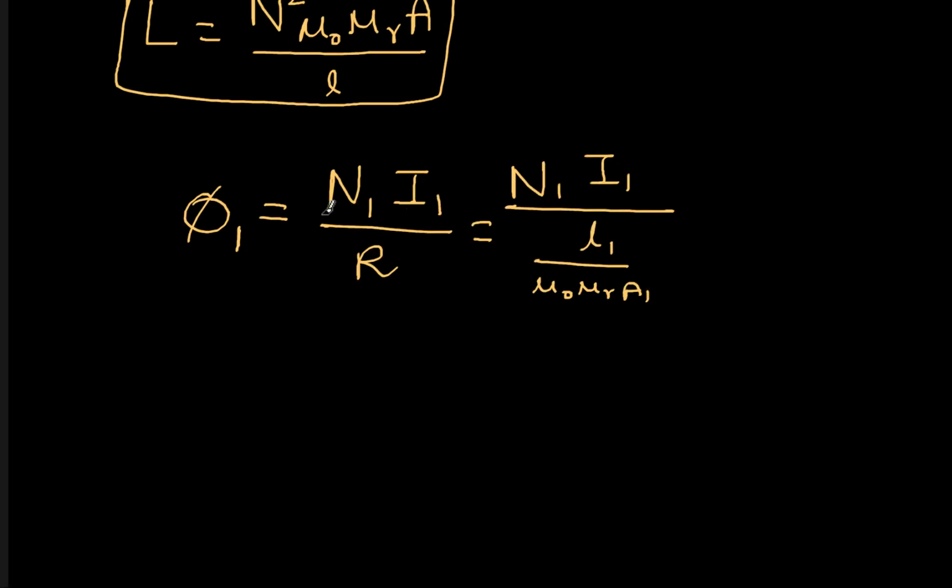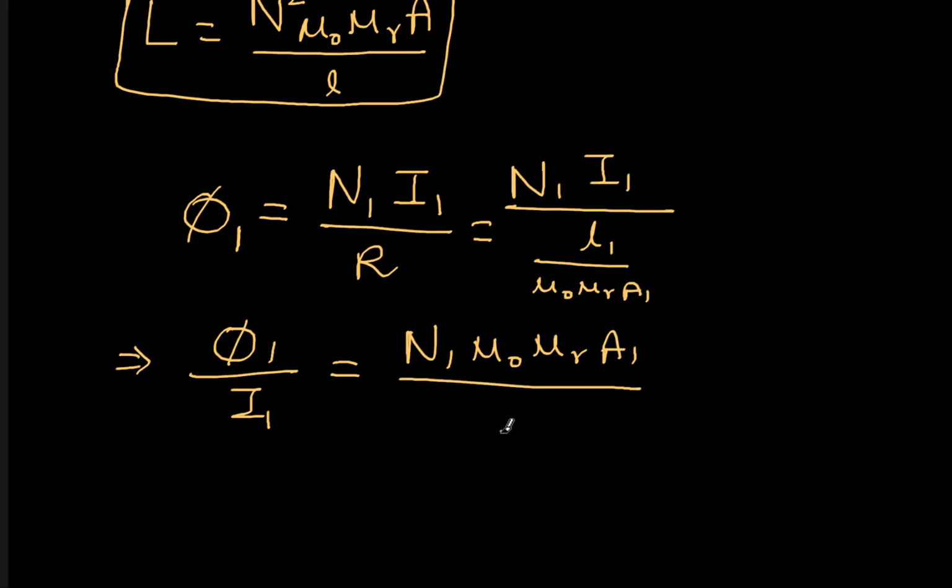Now from this, I1 I'll bring to the other side, and then this term I'll bring to the top. So just simplification: phi 1 by I1 is equal to N1 mu naught mu r A1 by L1. This is just a simplification.